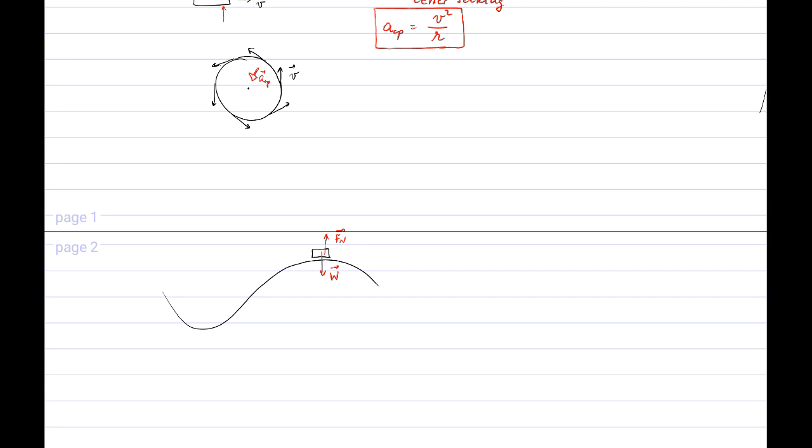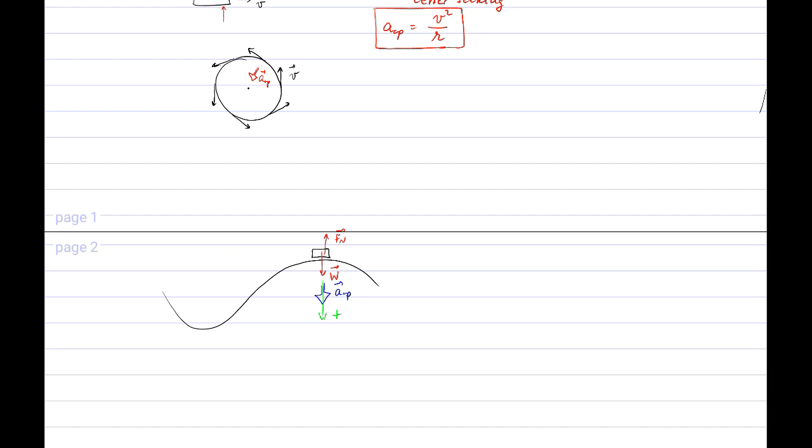Now, we are going to always define the positive direction in the direction of the acceleration. So the sum of these two forces of weight and normal force will cause the car to go around the circular path. So we will have a centripetal acceleration down, and that means that we'll pick our positive direction of motion down as well.